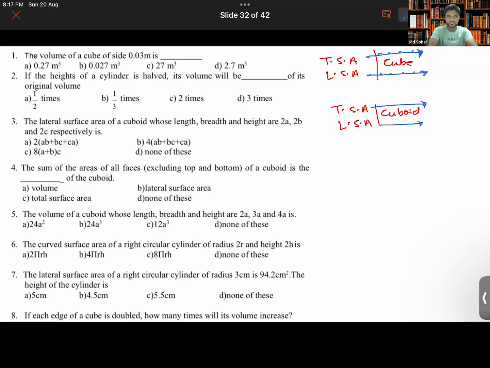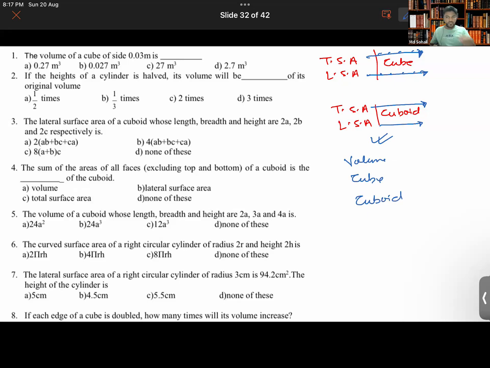Okay, I have sent the question to you, Arhan. And then also answer the volume of a cube, volume of a cuboid. Sir, shall I send it in the chat box?